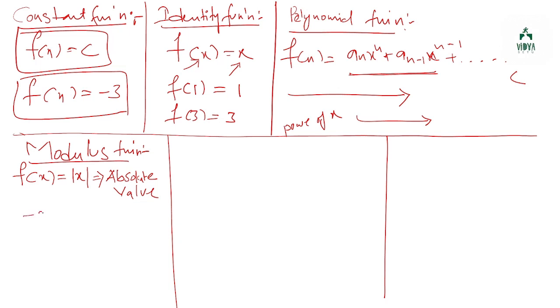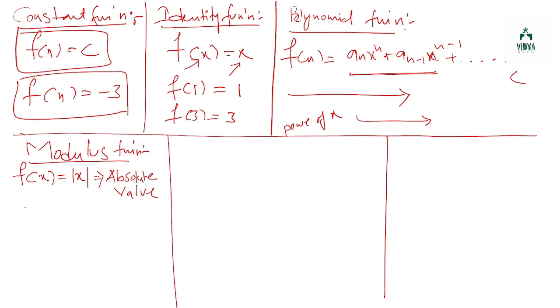Let's say there is -2. The absolute value of this is 2. Let's say -100. The absolute value of this is 100. What is the absolute value of -99? It is 99. So if you take the modulus function, it always returns the absolute value of the number that you have put in the function. This is the number that we put. This is the absolute value that we get.